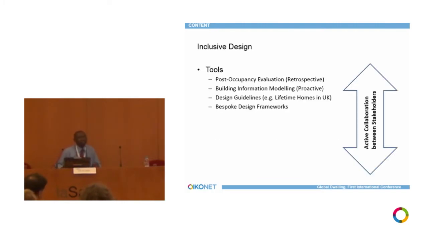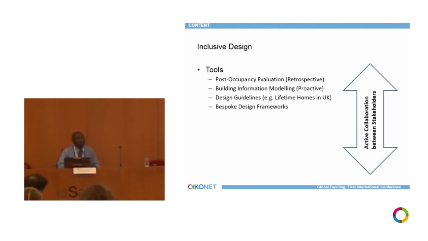The tools that we can use to achieve inclusive design vary. One of the most popular ones is the post-occupancy evaluation, which is a method of getting to know how a building is performing with respect to the inhabitants, what they think about the building.